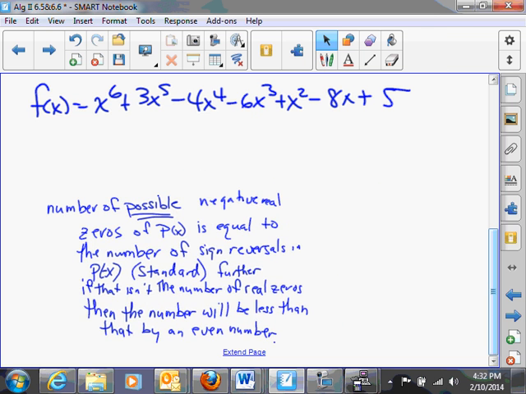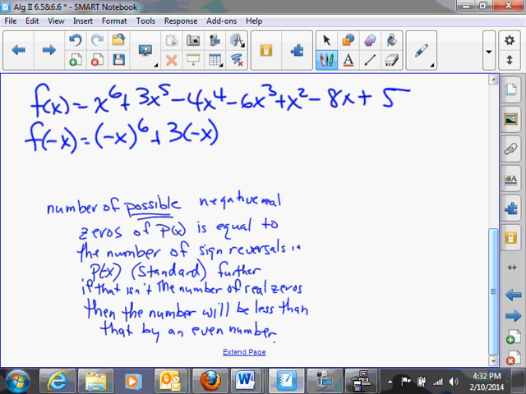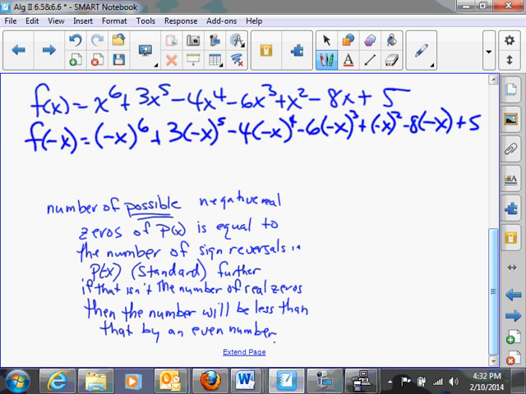What we mean is we're going to put the opposite of x in for x everywhere we see it. So f of the opposite of x is the opposite of x raised to the 6th plus 3 times the opposite of x raised to the 5th minus 4 times the opposite of x raised to the 4th minus 6 times the opposite of x raised to the 3rd plus the opposite of x squared minus 8 times the opposite of x plus 5.